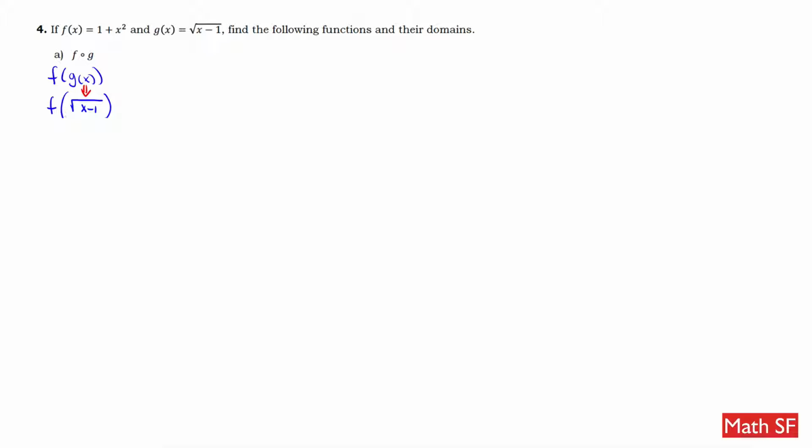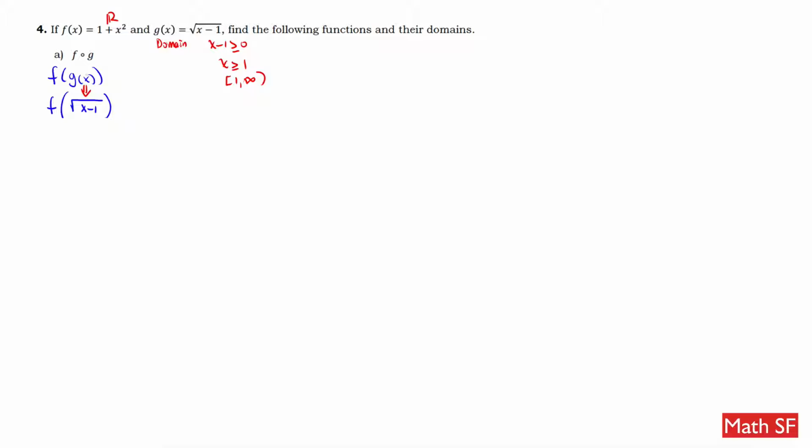So what's going on here is your domain, first of all, the domain for this g of x, the domain that you're taking inside. So we should have probably done the domain first. What is the domain of this guy here? Well, remember that x minus 1 has to be greater or equal to 0. So x must be greater or equal to 1, which implies that it's from 1 to infinity. Also, for f the domain is all the real numbers.